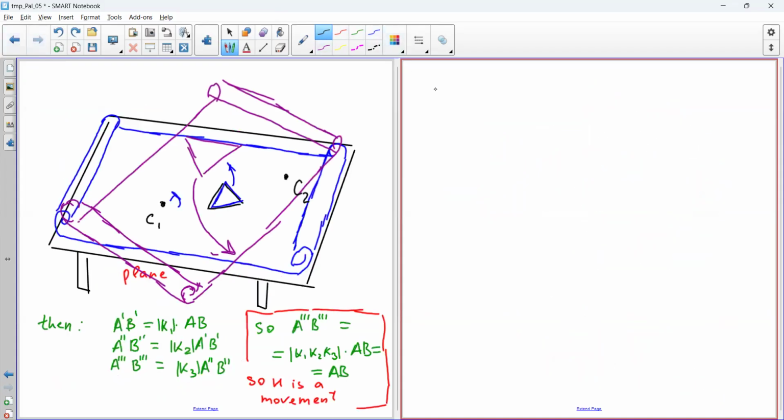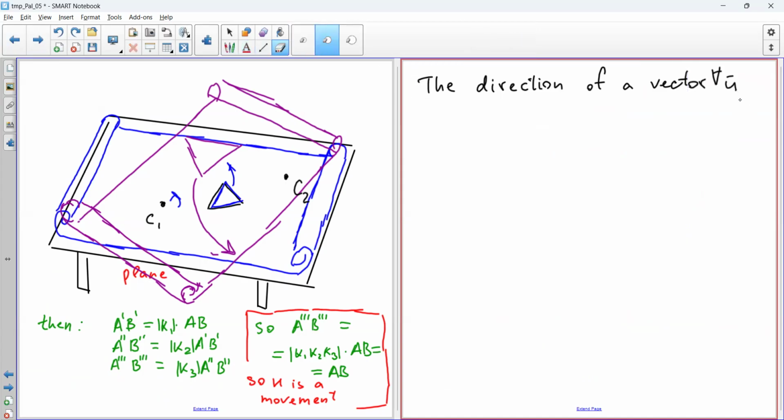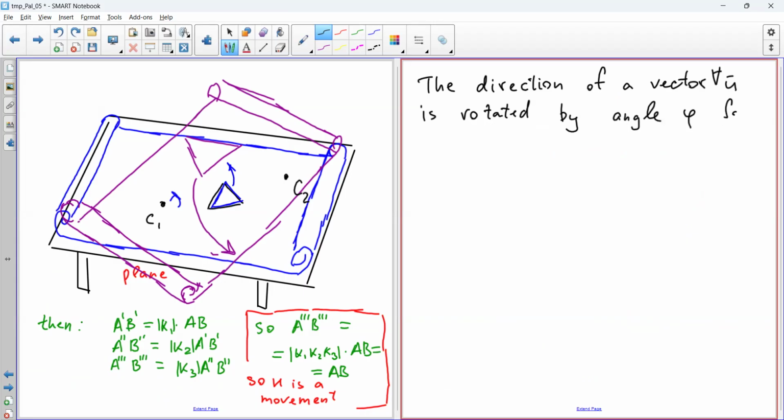So we can say that the direction of any vector u on the plane is rotated by angle phi for any homothety with angle phi. That is the lemma from the previous class.